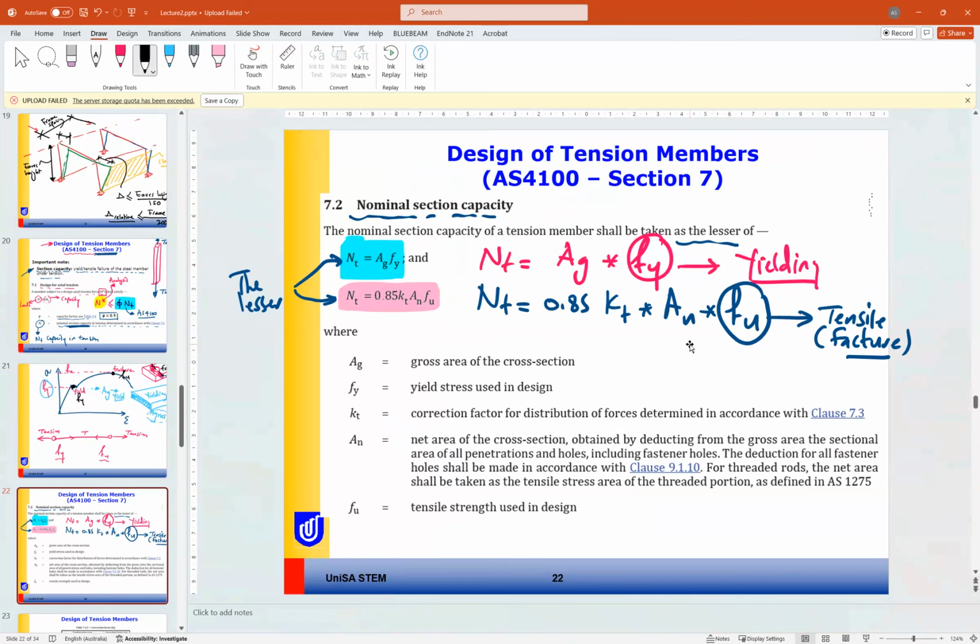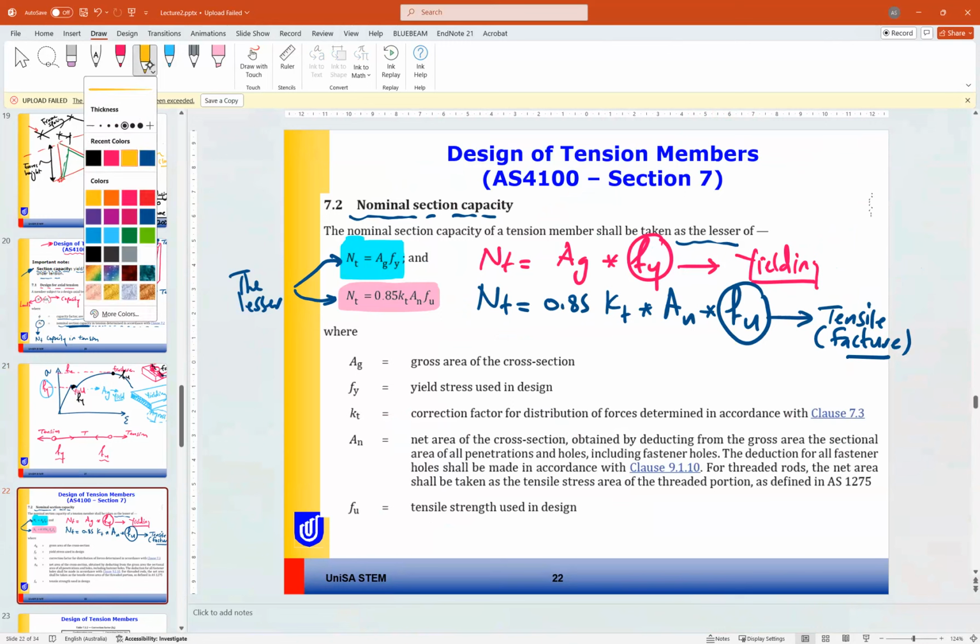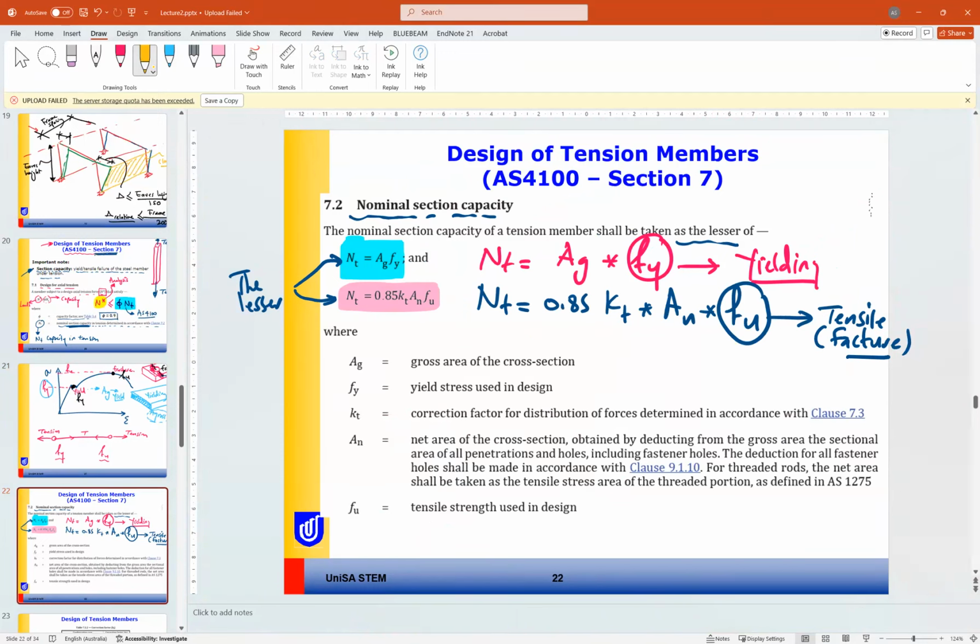And we have factors here. The 0.85 factor is a reduction factor or safety factor. KT is a correction factor for distribution of the forces according to clause 7.3. So it is the same concept if we hide these two: area times the stress.